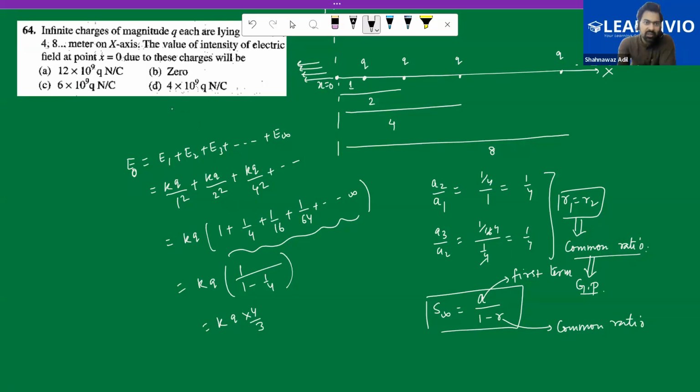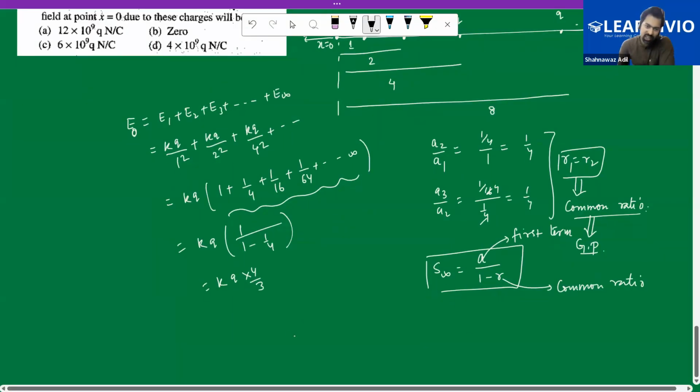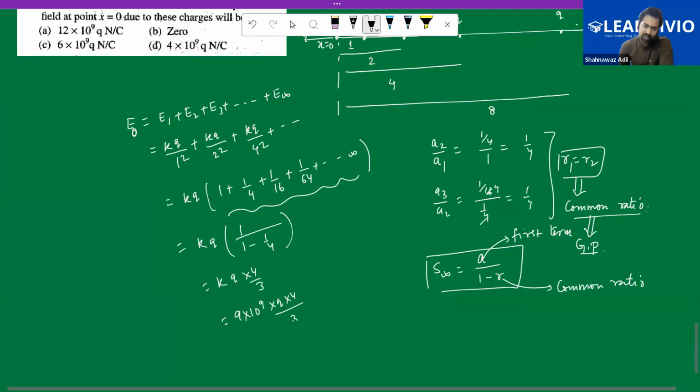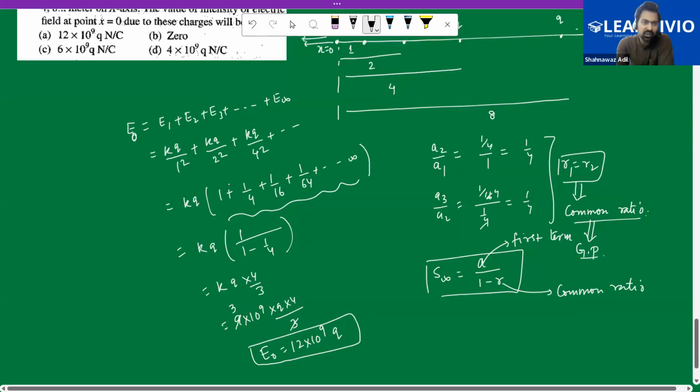Then K is 9 into 10 to the power 9, times Q and 4 by 3. So this is 12 into 10 to the power 9 Q. That would be the electric field. So this is the correct option.